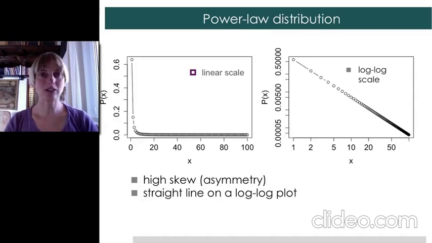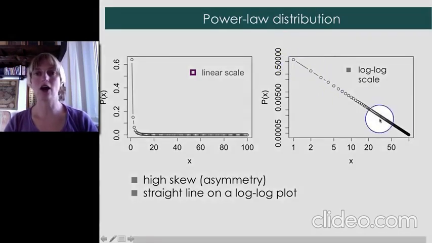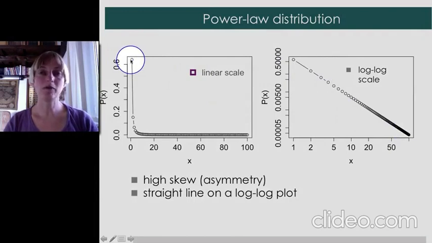The way that we're going to recognize it is that we're going to have a straight line on a log-log plot. Now, if we had plotted the same power law distribution on a linear scale, we would hardly even see it. We would see this very sharp drop off, basically like an L shape, and we wouldn't be able to tell whether a node had any chance of having degree 40 when most other nodes have degree 1.